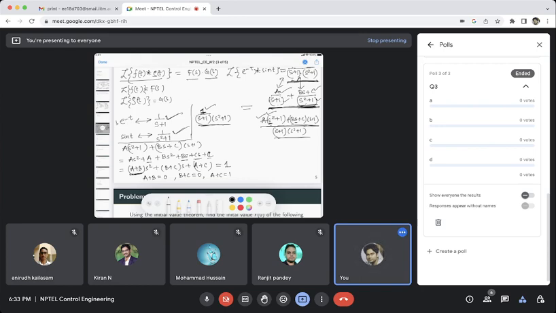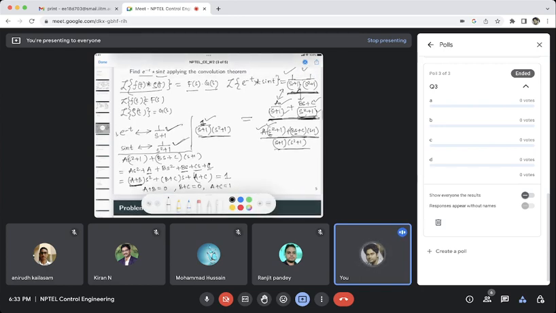Okay, so again I am repeating. What we will do is decompose this expression, 1/((s+1)(s²+1)), into two simpler terms, which are a/(s+1) and (bs+c)/(s²+1). Why have we taken bs + c? Because in the denominator we have the s² + 1 term, so in the numerator we can have s also or a constant term also.